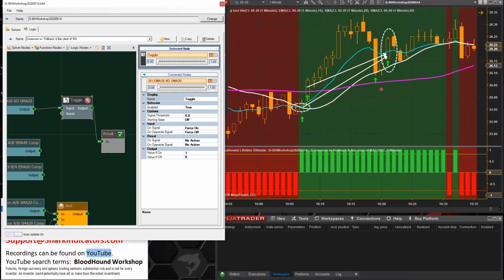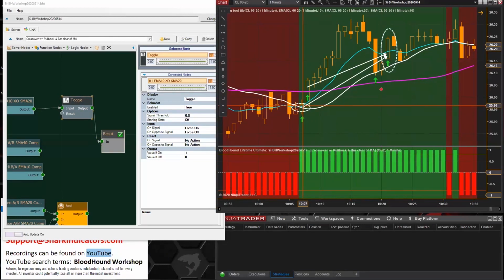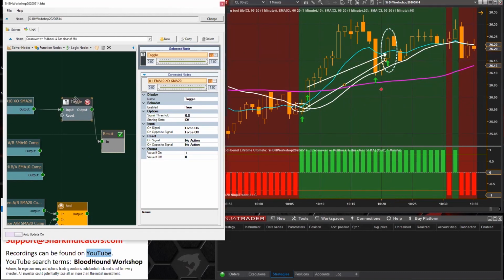So this toggle node is holding on to the crossover signal for as long as we need it to. And then when we get to the signal bar, we can turn our toggle node off. And so let's see here.